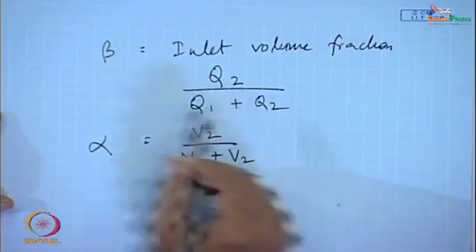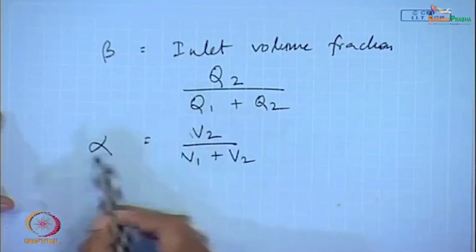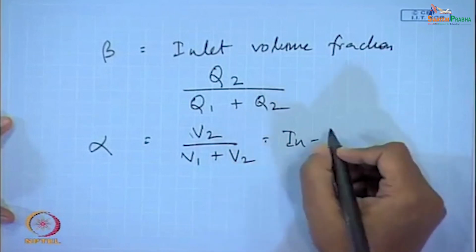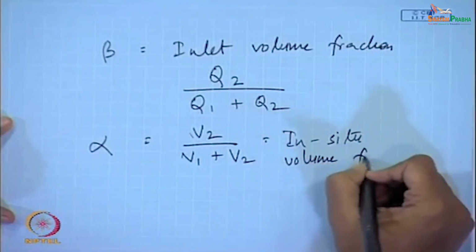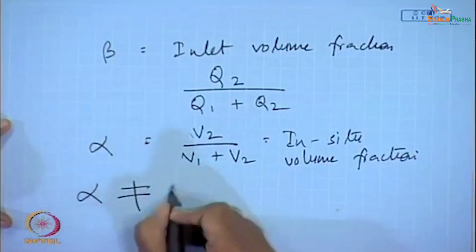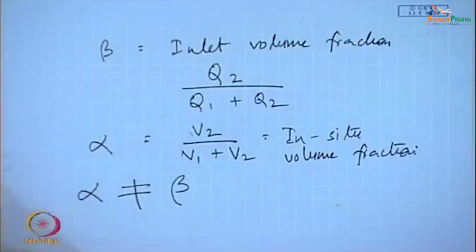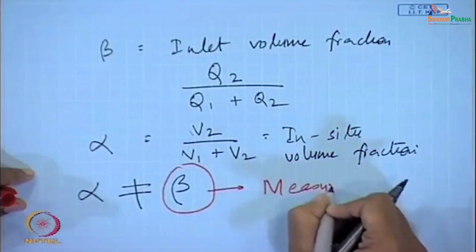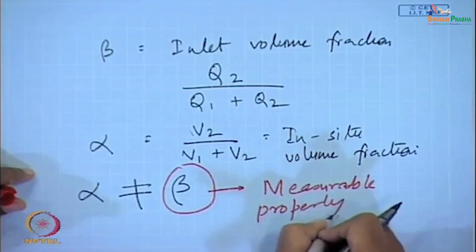So, remember one thing, the inlet volume fraction is defined in terms of the volumetric flow rate, whereas the in situ volume fraction is defined in terms of the volume occupied inside the actual cross section. And therefore, as I have already mentioned, alpha is not equal to beta. Although beta is a measurable quantity, we do not have any direct correlation between alpha and beta.